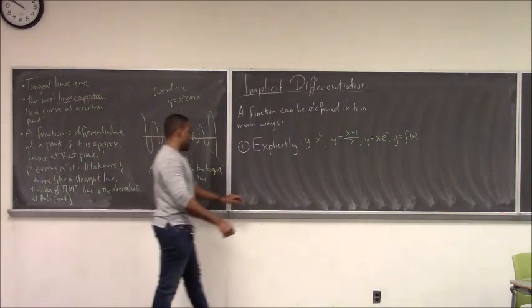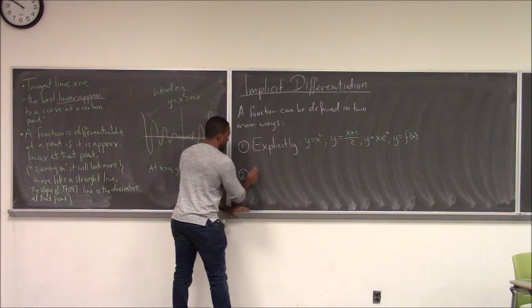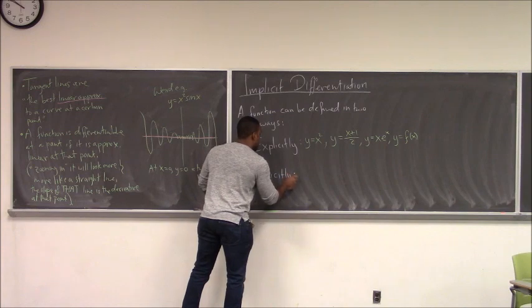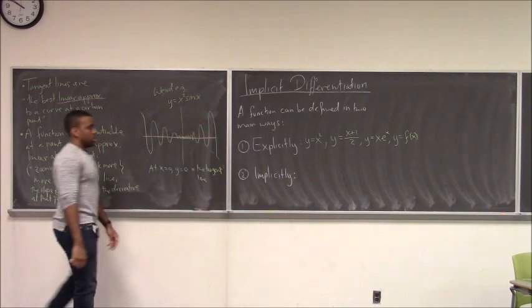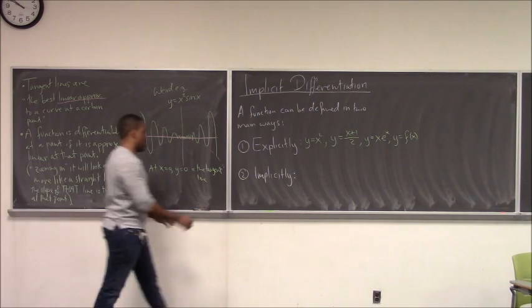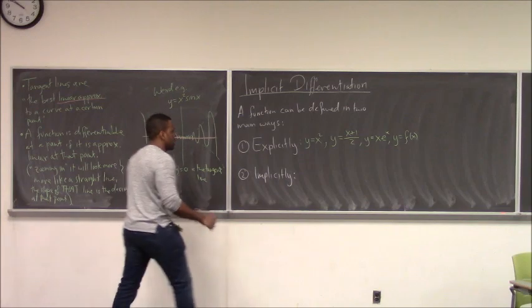Another way to define a function, however, is called an implicit way to define a function. Where we say a function is defined implicitly, that means the definition of the function is perhaps not known, perhaps it's impossible to know in any concrete sense, but we know the definition is implied based on the fact that the equation must hold. So your x's and y's are kind of mixed together.